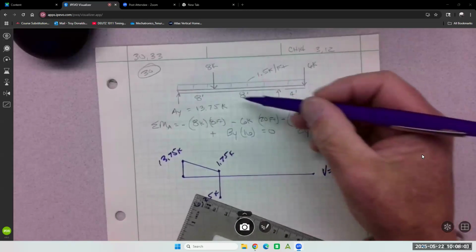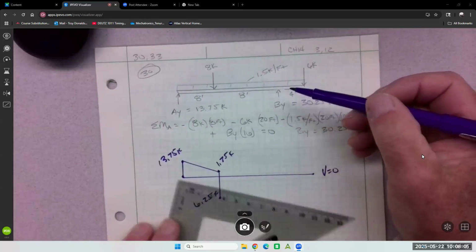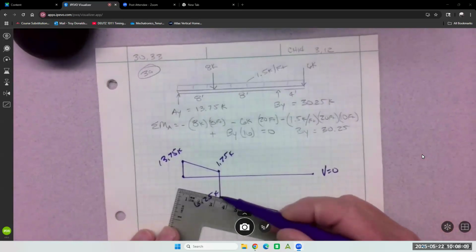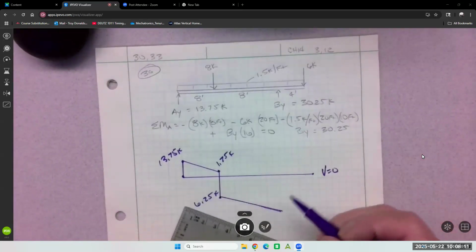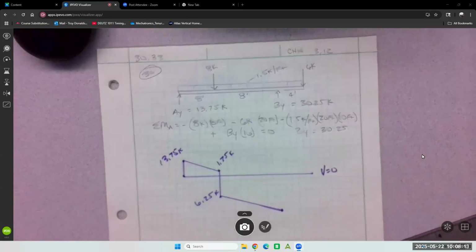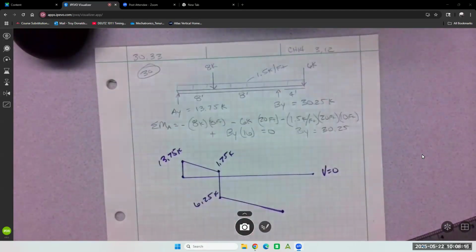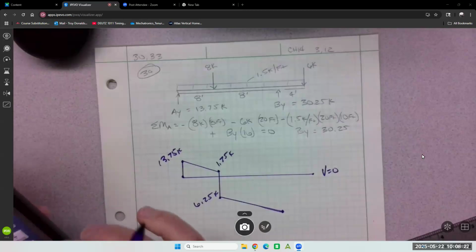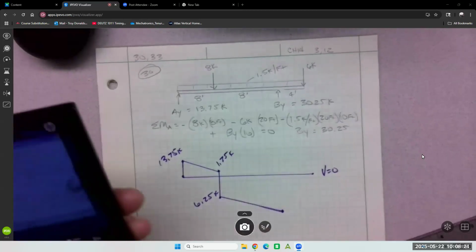Then for 8 feet until it sees BY, we continue at that same slope. So down to here. So again, it's going to drop that 8 times 1.5, which is like 12, down to 18.25.